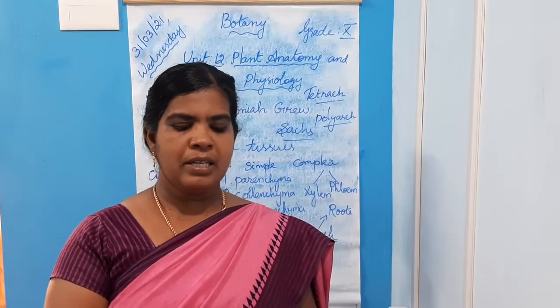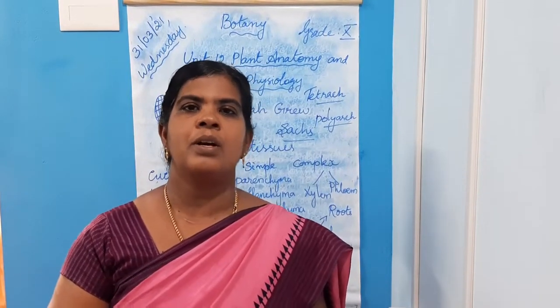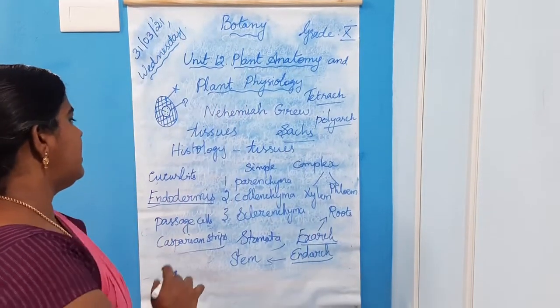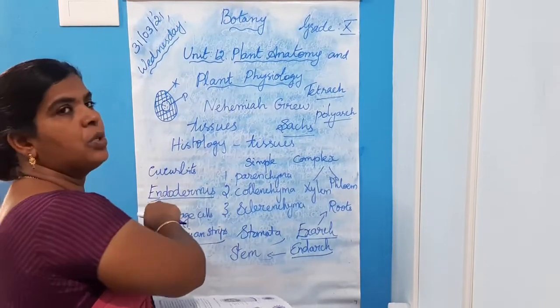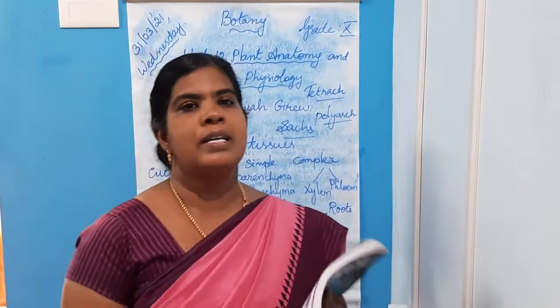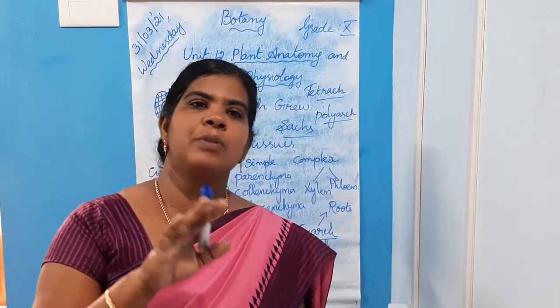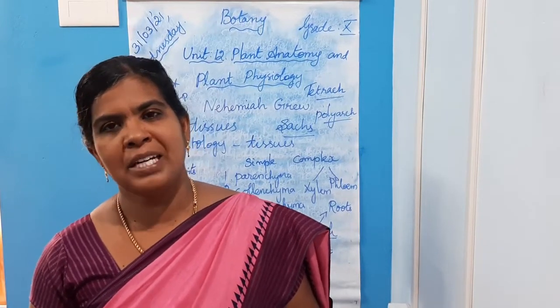What about the innermost layer of the cortex in dicot stem? Endodermis. In root also, the innermost layer of the cortex is endodermis. The outermost layer of the root is rhizodermis, and the outermost layer of the stem is epidermis.